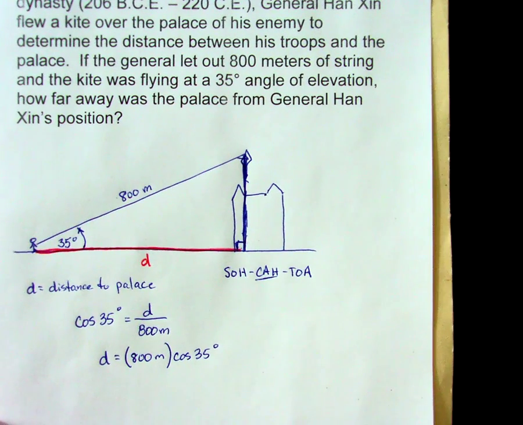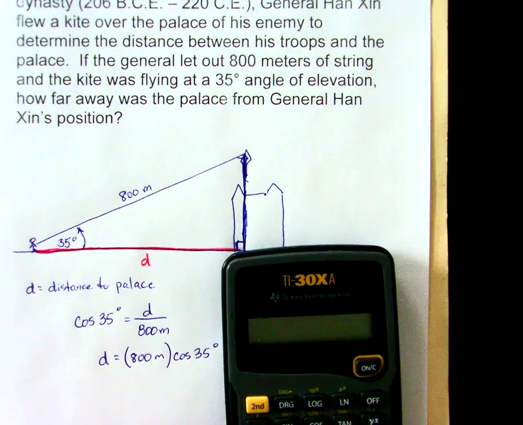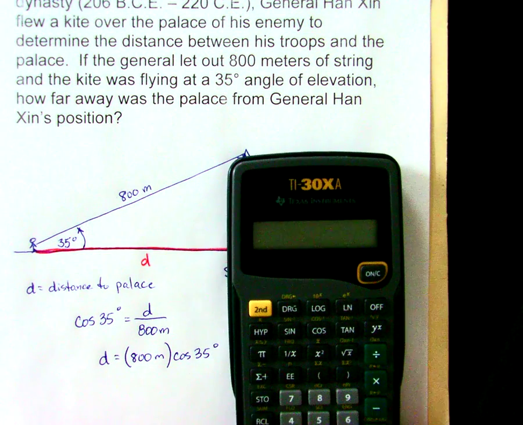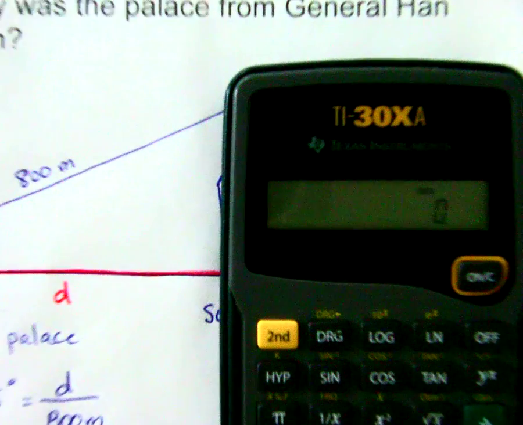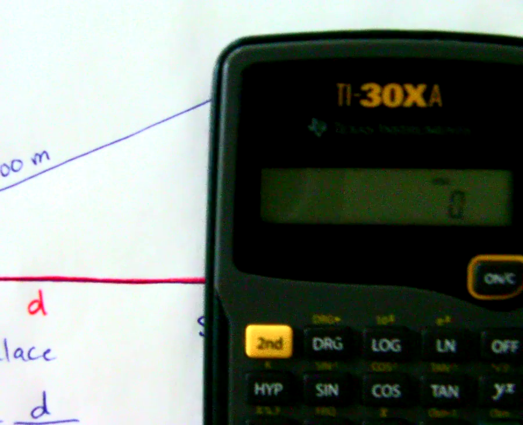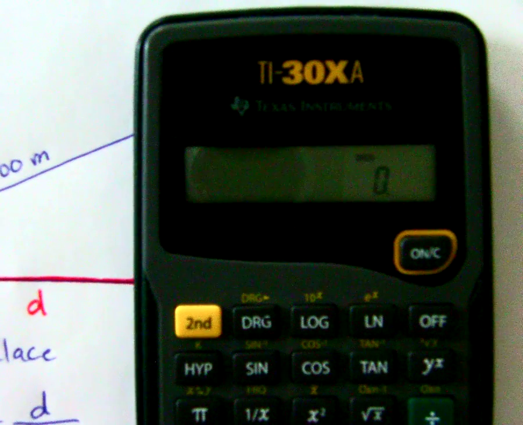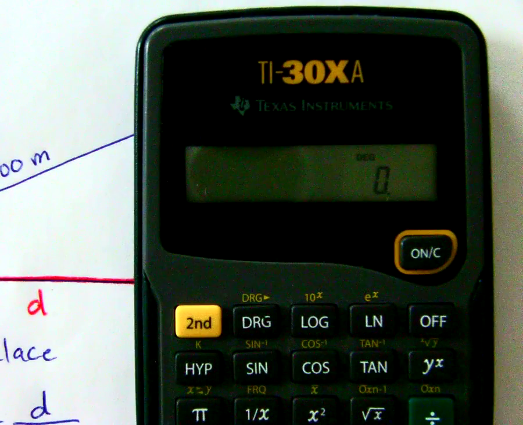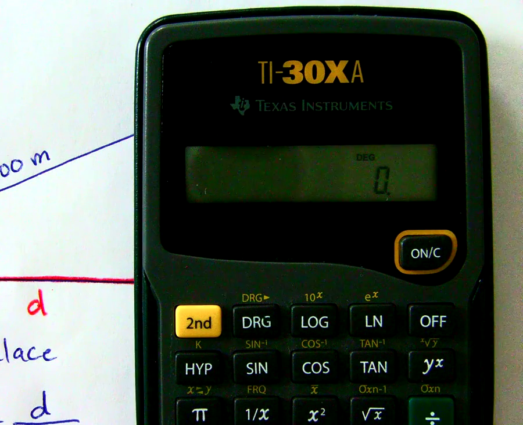Now I'm ready to use my calculator. So if I get my calculator out here, turn it on, I'm going to zoom in a little bit just so you can see everything. Notice that the screen does show that my angles are going to be interpreted in degrees.